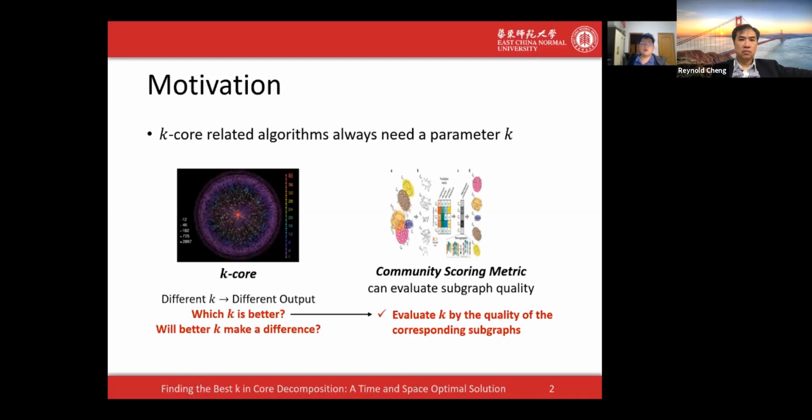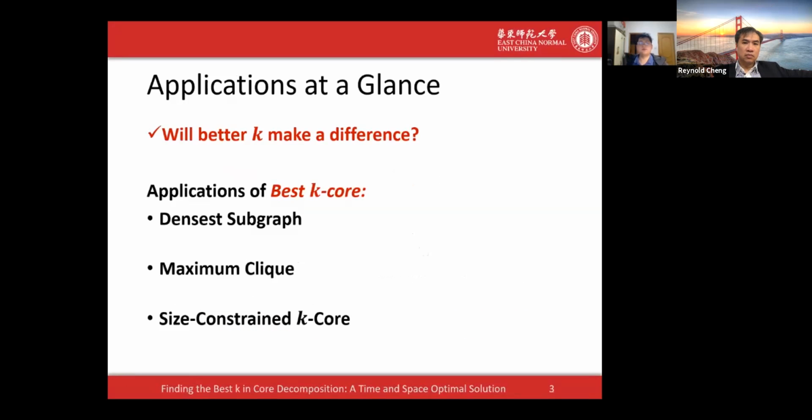Here, we solve this problem using the concept of community scoring metric, which can evaluate subgraph quality. We evaluate K by the quality of the corresponding subgraphs. For the second question, the answer is yes.